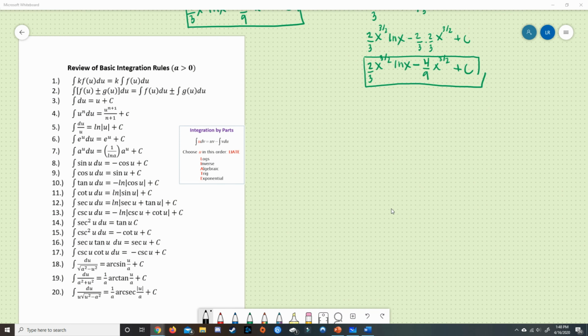Surprisingly, one of the most commonly used applications of integration by parts involves integrands consisting of single terms, such as the integral of ln of x dx. So by using integration by parts, we can figure out what the integral of this is. Now, looking at this mnemonic here, we want to pick our u's in this order.